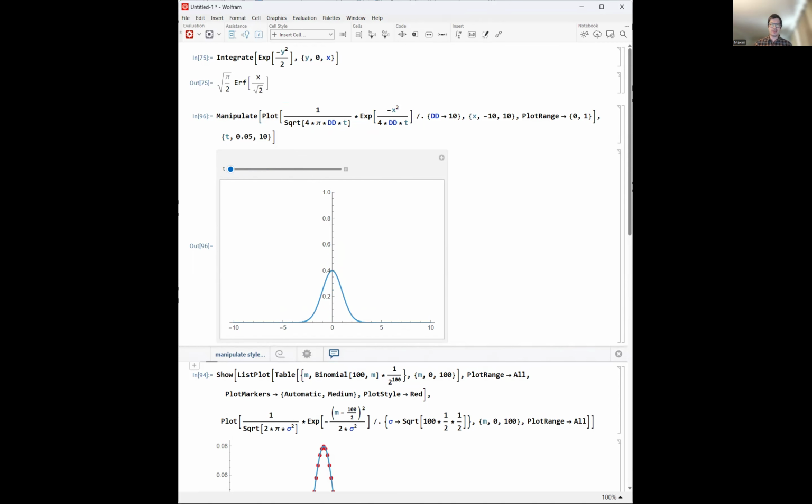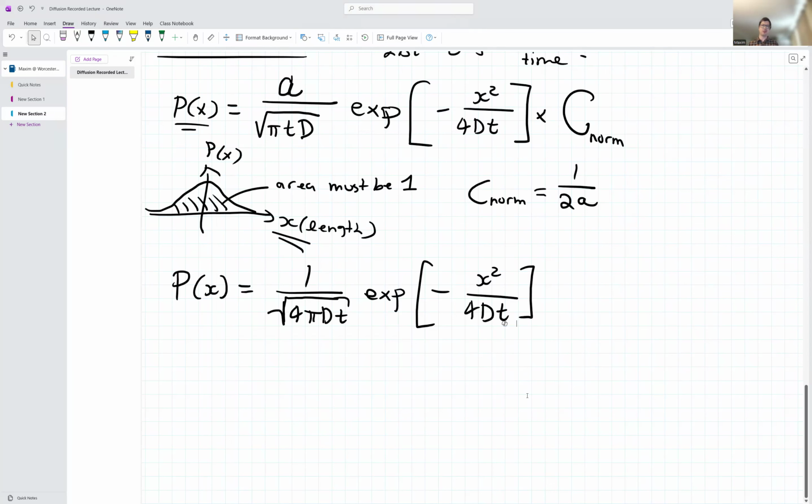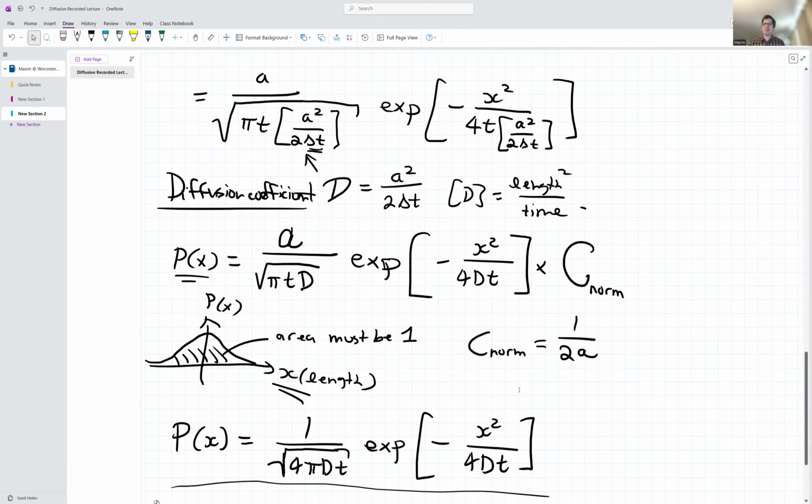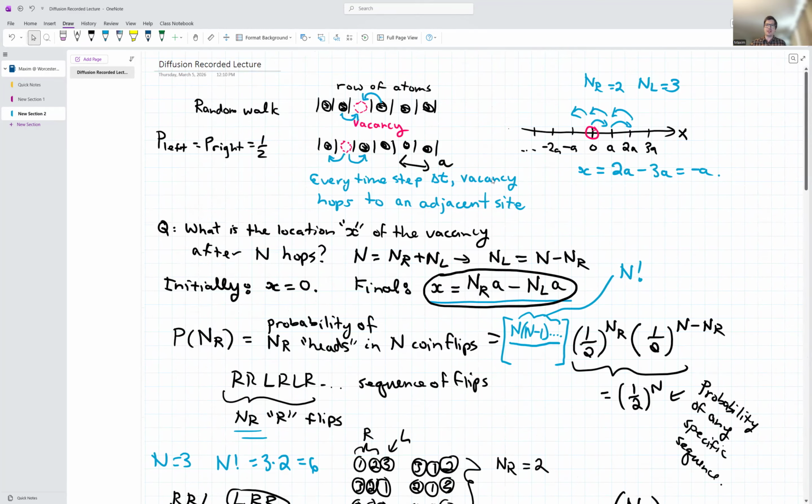Okay, so that's the random walk. And this is the fundamental solution to the probability distribution of observing a random walk at a certain location. And if you have a whole bunch of vacancies in one dimension, say, then you can multiply the probability of finding the vacancy at any given location by just the total number of vacancies.